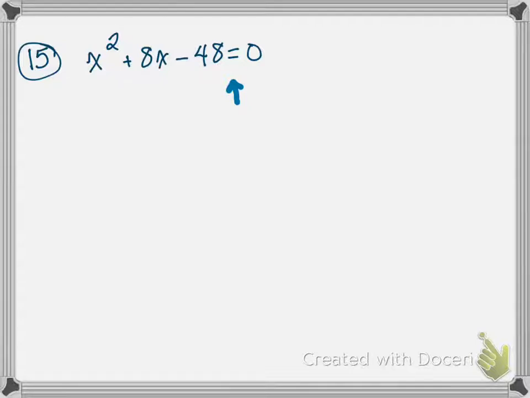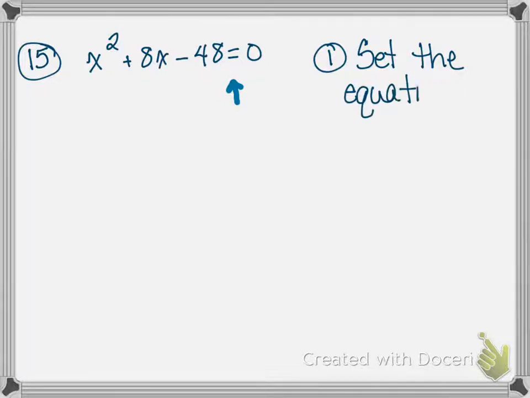Now there's some steps that we want to go through in order to solve these equations. The first thing that we do is we are going to set the equation equal to 0. A lot of times it will already be set equal to 0, but sometimes it's not.